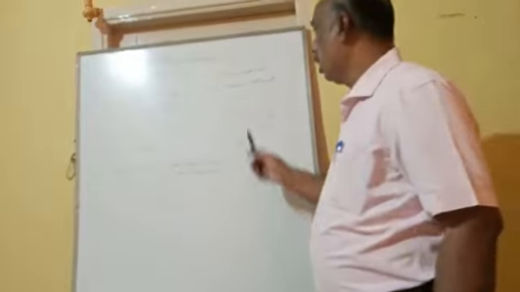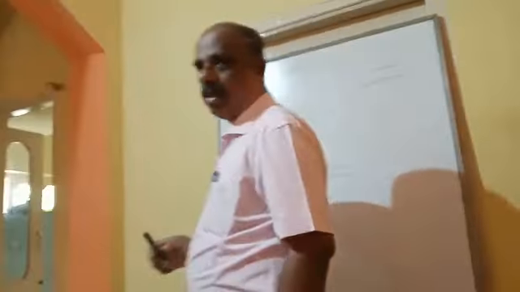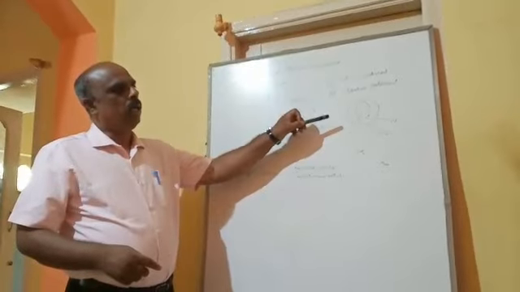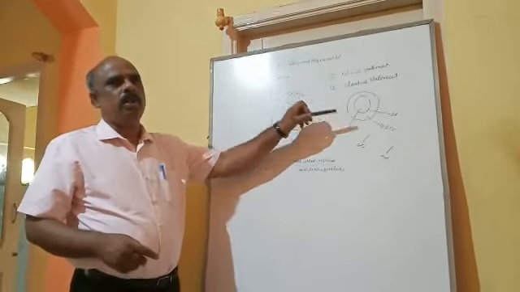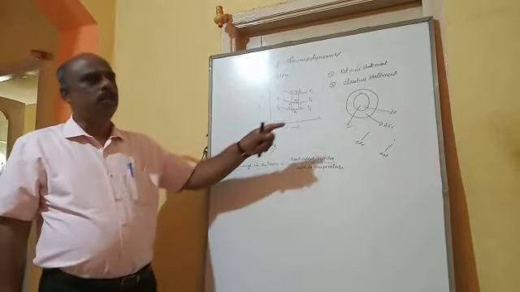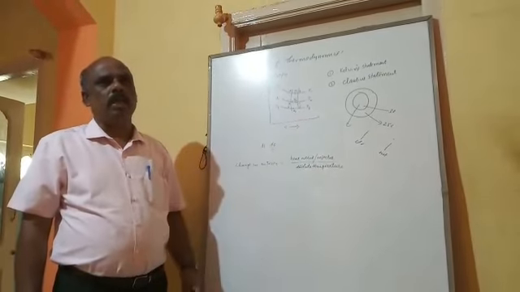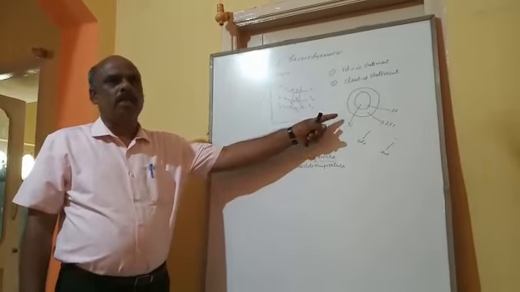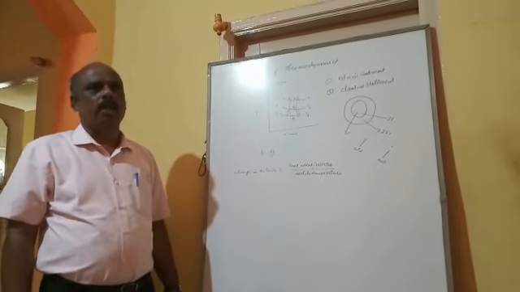The second one is Clausius's statement. What is that statement? It is impossible to do work continuously until it is acted upon by an external agency.